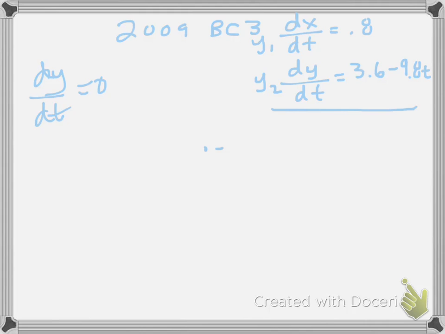So you get 3.6 minus 9.8t equals 0. You can solve that yourself, and I get 0.3673 is the time when the dy is equal to 0, and that's the very top point.